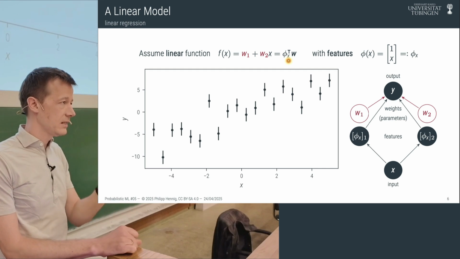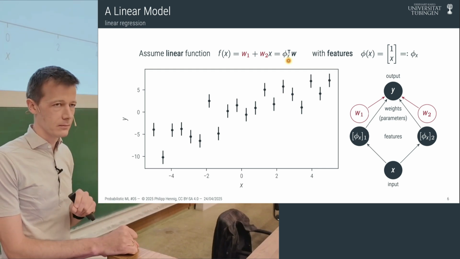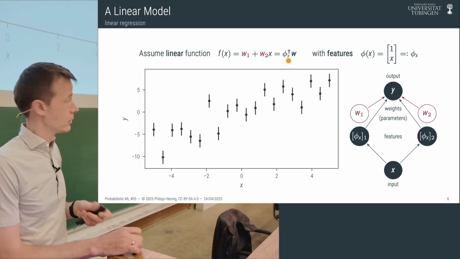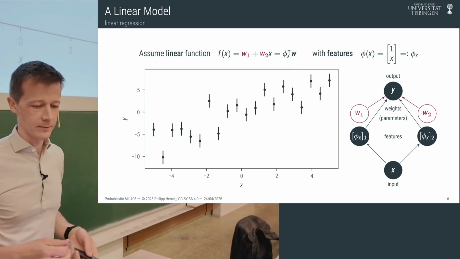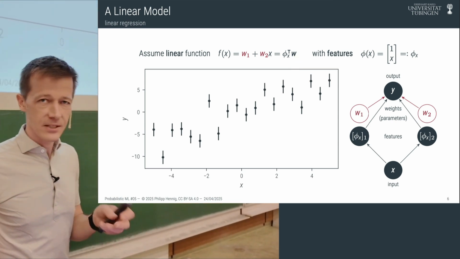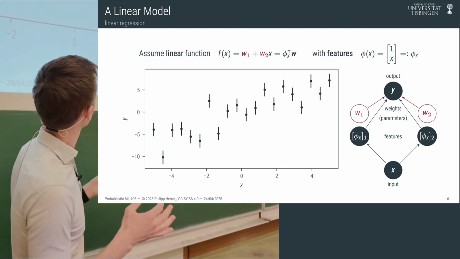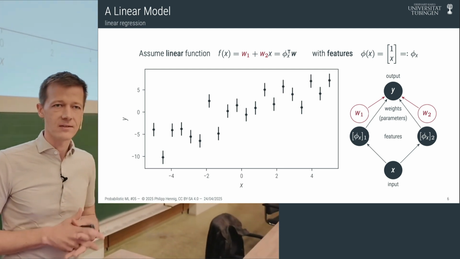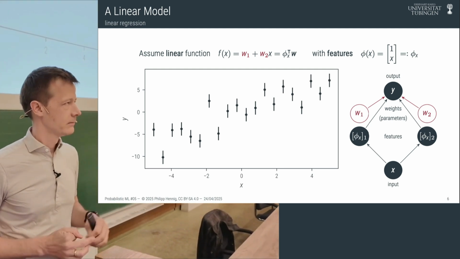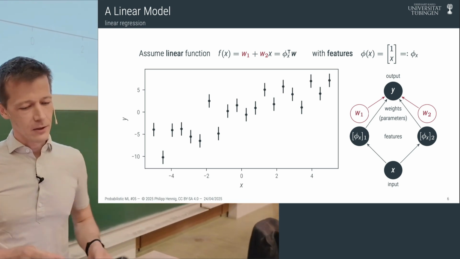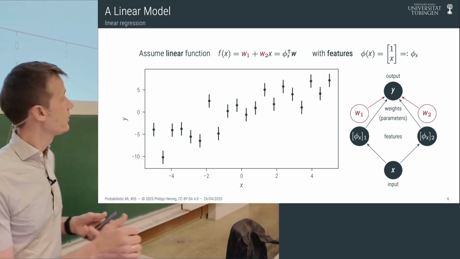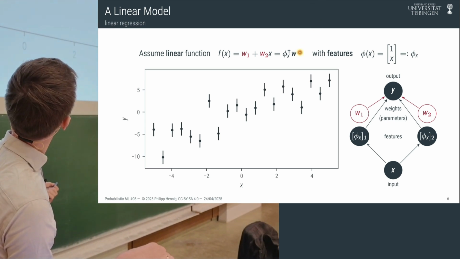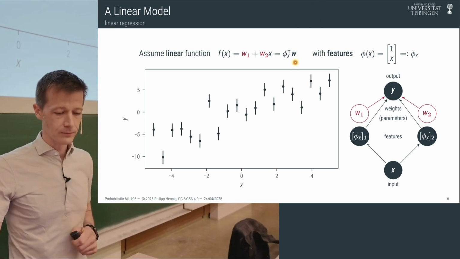We are now computing a linear map of w, because there's a vector w that enters the inner product. It just so happens that this function of x is also a linear function of x. It computes x and 1. But just about 5 minutes from now, we'll forget about that. The important thing is that it's linear in the weights w.